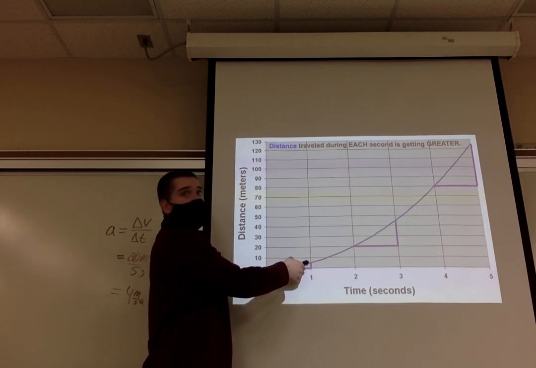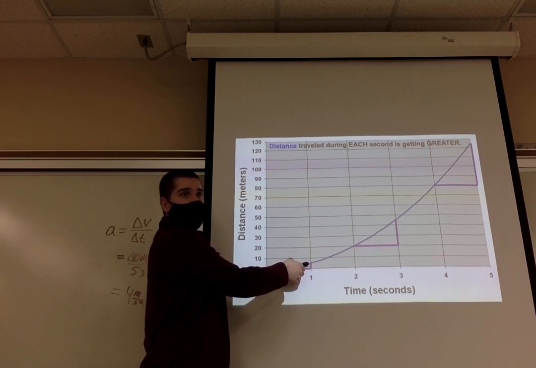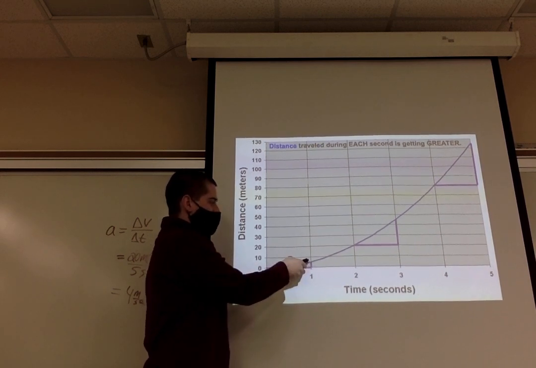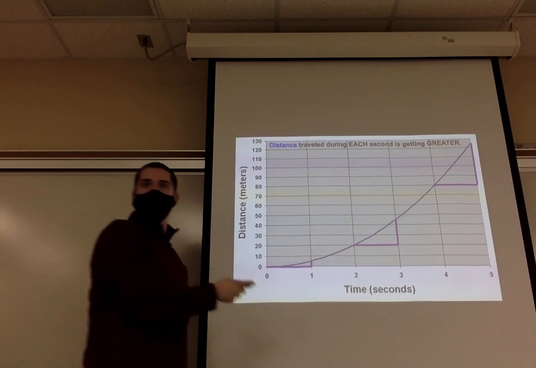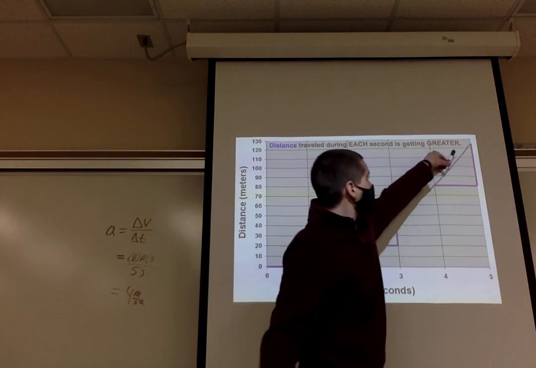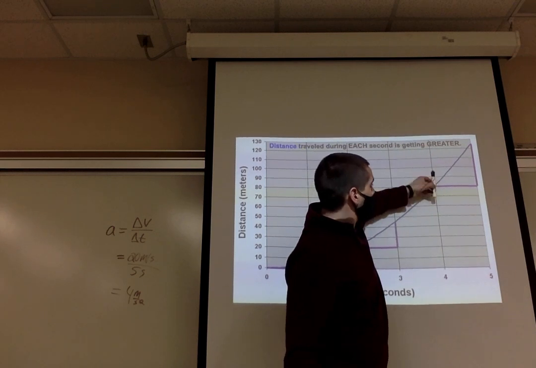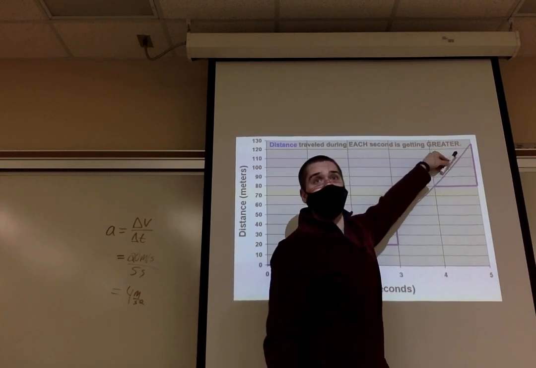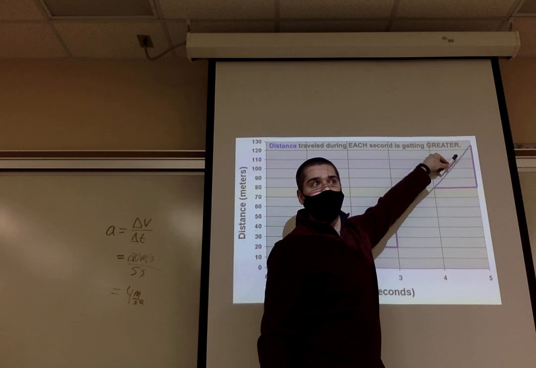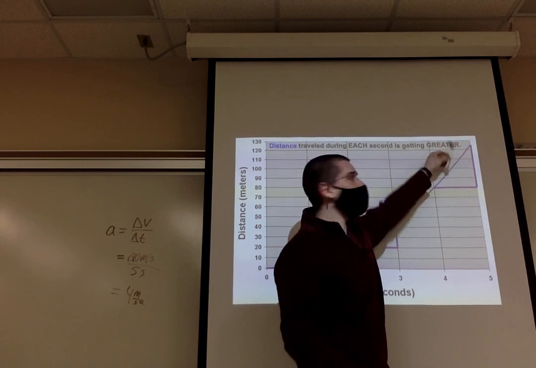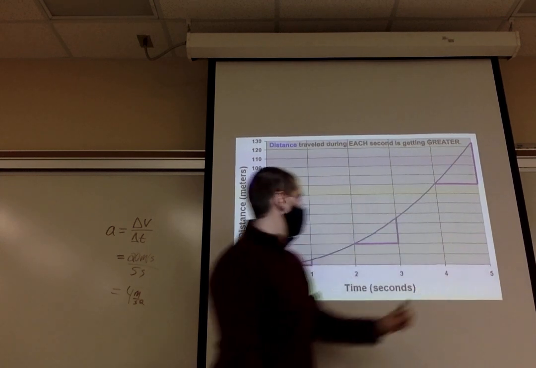That's the definition of a slow speed. Now up here, rise over run, that's a pretty steep slope. You could quickly see I'm going faster here than I am here. It's not the distance itself, it's the rate of change of the distance.